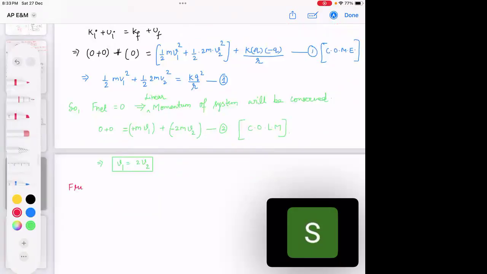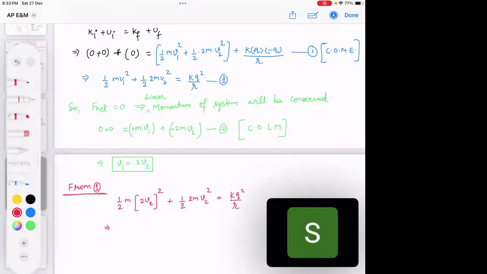Now tell me, can we solve equation 1 now? Equation 2 gives me the relation between V1 and V2. Now I'm going to put those values in our first equation. So half m, what is the V1 we have calculated? V1 we have calculated 2V2 square, plus half 2m V2 square, equal to kq square by r.